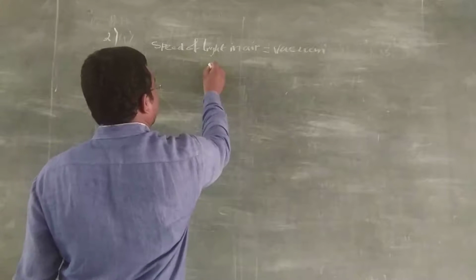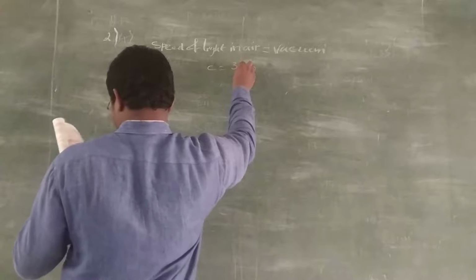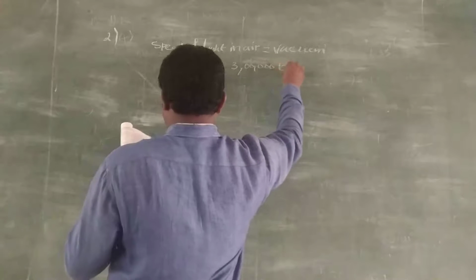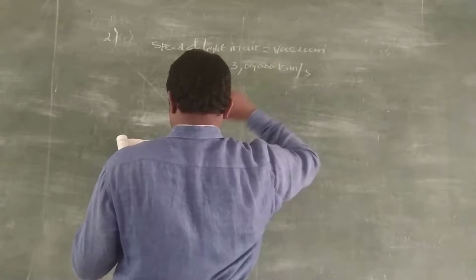Now we can say that C is equal to 3 lakhs kilometer per second.